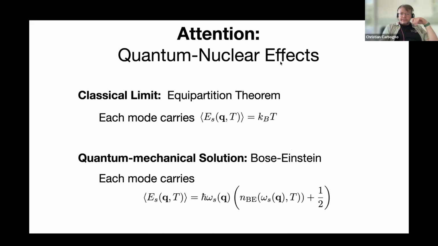So here you have to be a little bit careful. If you think about classical physics, then classical thermodynamics would give you the equipartition theorem. So each mode would exactly carry an energy of kBT in thermodynamic equilibrium.